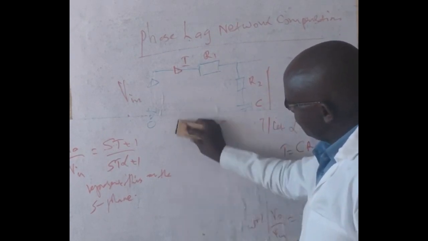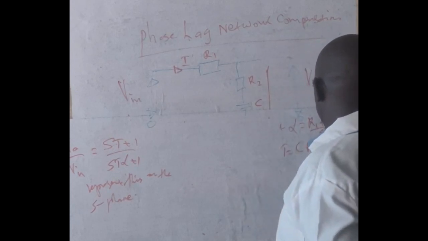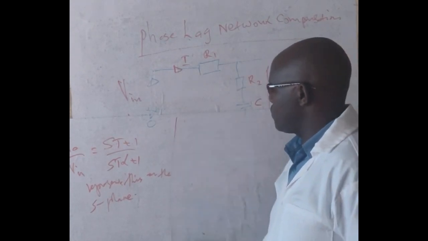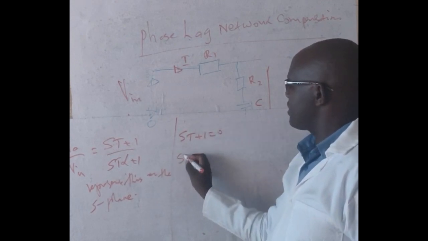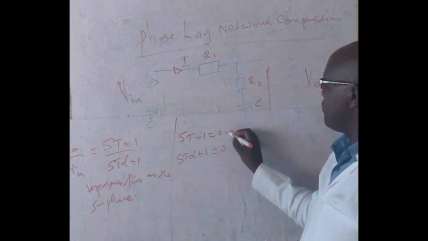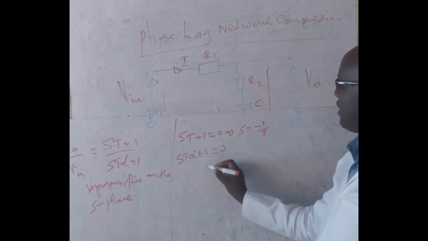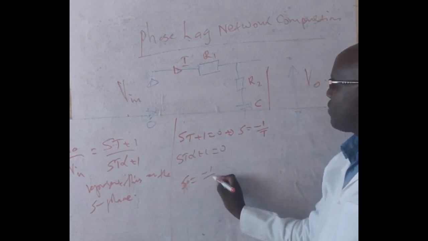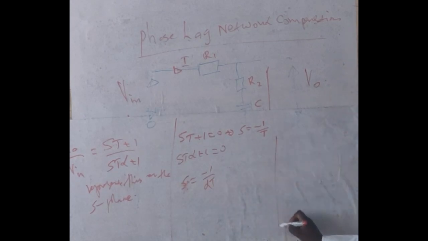V out is going to be equal to SC R2 plus 1 all over, and we want to modify this equation, so C R2 into R1 plus R2 all over R2. We are introducing that just to have this one plus 1.